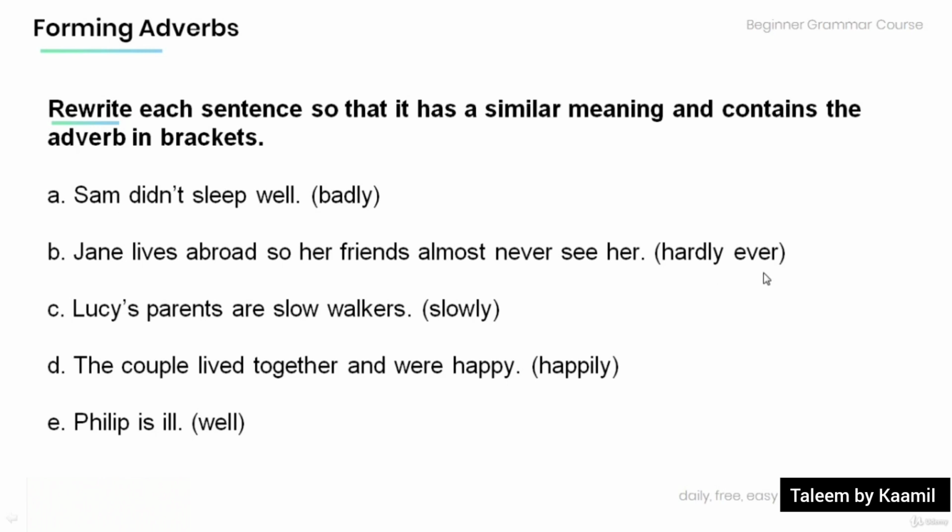Hardly ever. C. Lucy's parents are slow walkers. Slowly. D. The couple lived together and were happy. Happily. E. Philip is ill. Well.